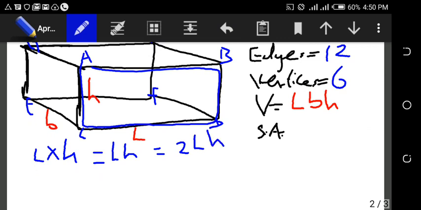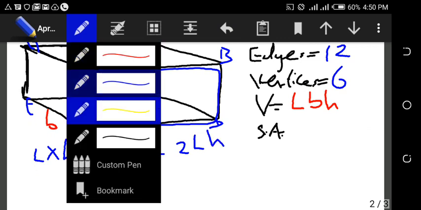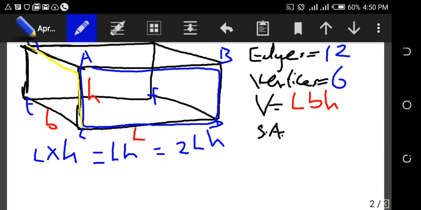Let's consider the side now. That's this one here, which also appears here.